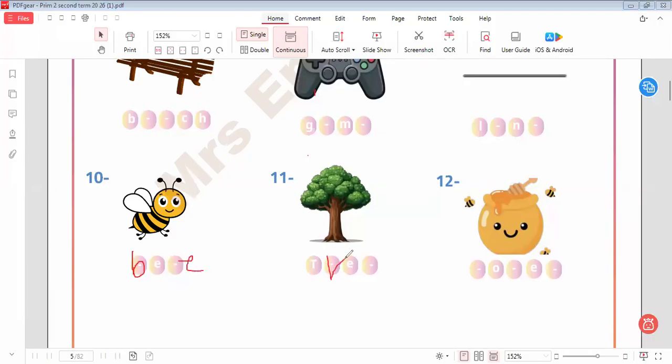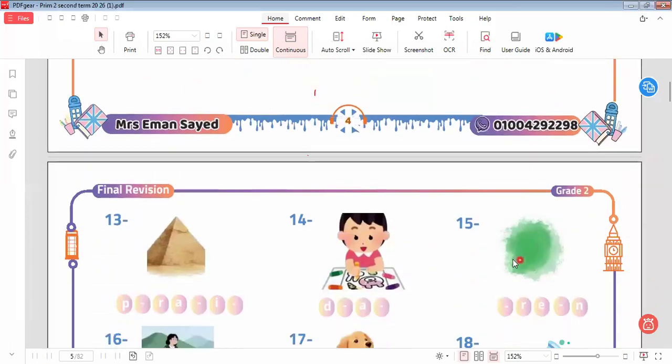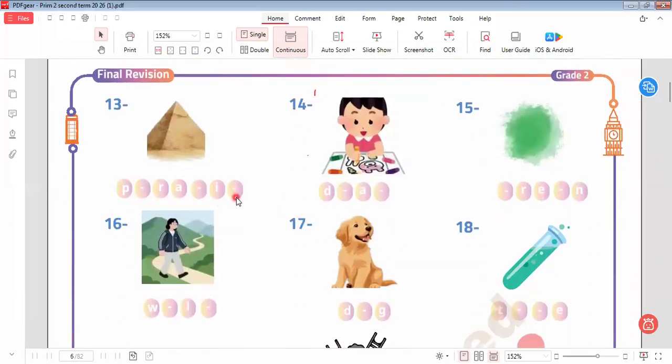Here is tree. Here is honey. So here to be here, pyramid.